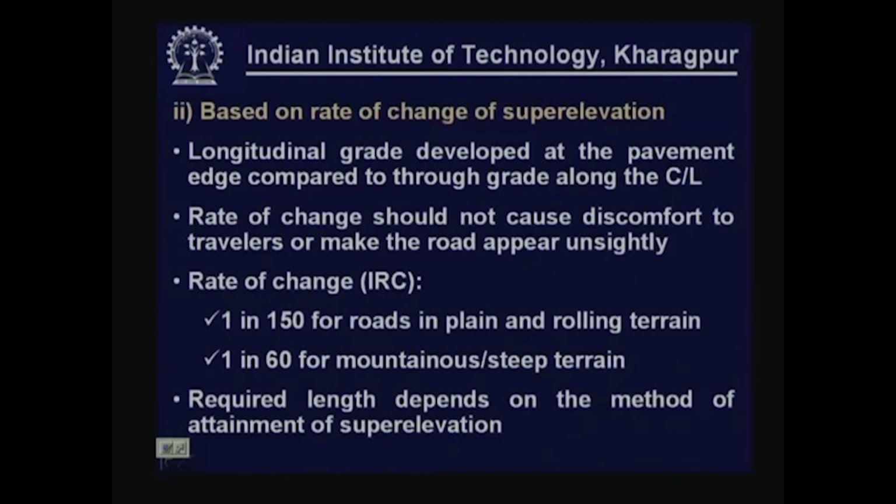Now, considering this rate of change, whatever transition curve length we obtain, our actual transition curve length should not be lesser than that value. Otherwise, the rate of introduction of super elevation will be faster than the recommended values, which is a situation that is not acceptable. So, it must not be done at a rate faster than this. If we say 1 in 150, and we know the super elevation rate, we can calculate the length accordingly.